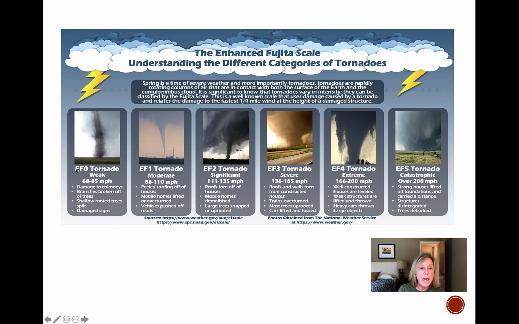We have on every first line here the tornado. On the second line of each one of these, we have the strength of the tornado. And on the third line, she has put the miles per hour that this tornado goes. And then bulleted: damage to chimneys, branches broken off of trees, shallow rooted trees split, damaged signs.